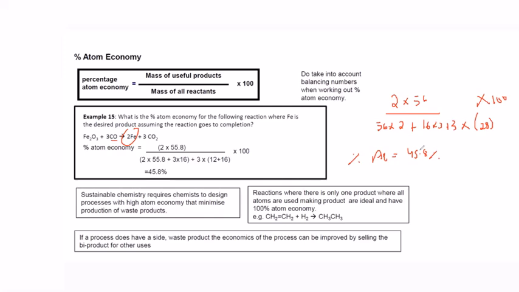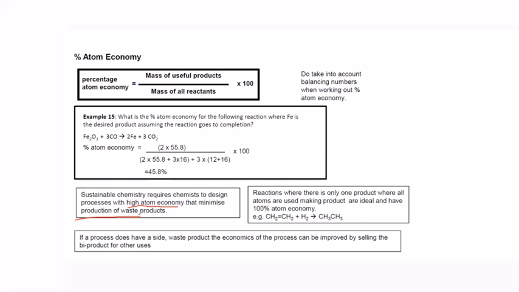So we just need the equation to calculate the percentage atom economy. What is the advantage of using this term? This shows the sustainability of a reaction. Sustainable chemistry requires a chemist to design a process which has a higher atom economy that minimizes the waste product.